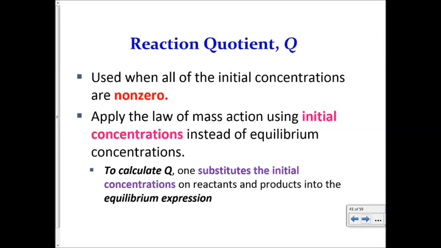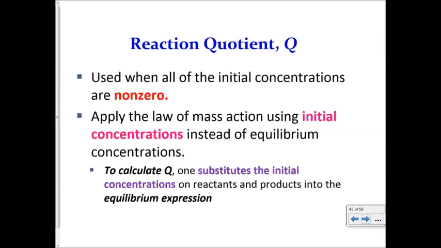So you're going to apply the law of mass action, which is that equilibrium expression again, using the initial concentrations. You're basically using the equilibrium expression to calculate Q from your initial concentrations. Once you get that Q value, you're going to compare it to K, and then you'll be able to tell which way it's going to shift in order to establish equilibrium.